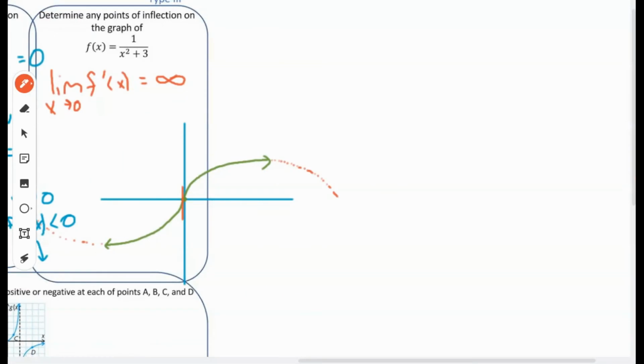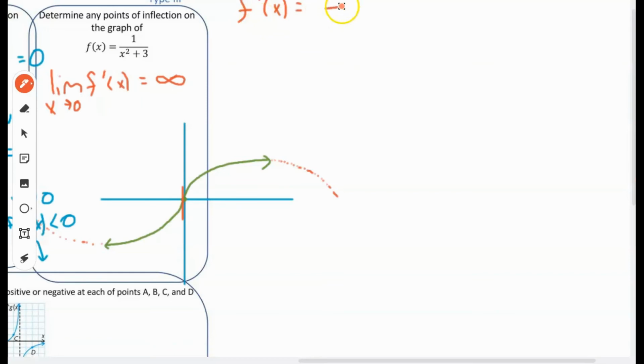Our last example is f of x equals 1 over x squared plus 3. And we're going to need to find the first derivative. I'm just going to tell you what this is. You can double check it, and if you forget how to do that, just go watch one of my derivative videos.